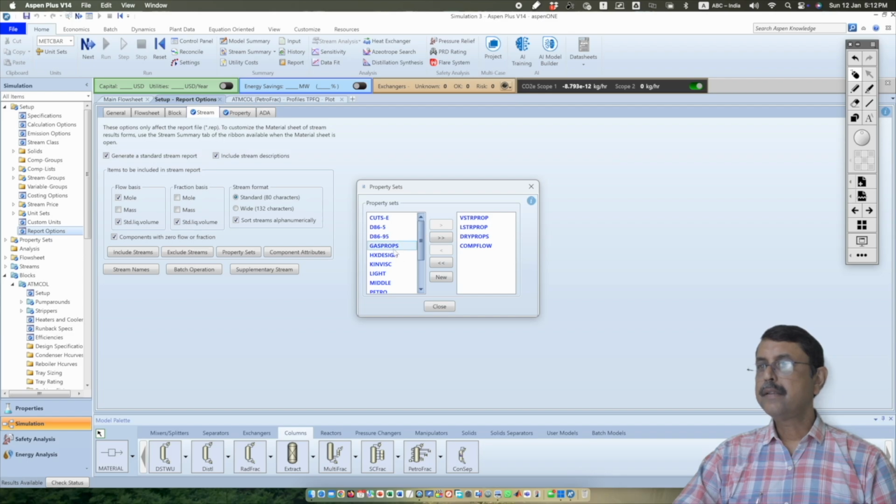We add these gas property sets. Then we have petro property sets, thermal, and T export. Anything else? Light, kindle. I think this will be enough.